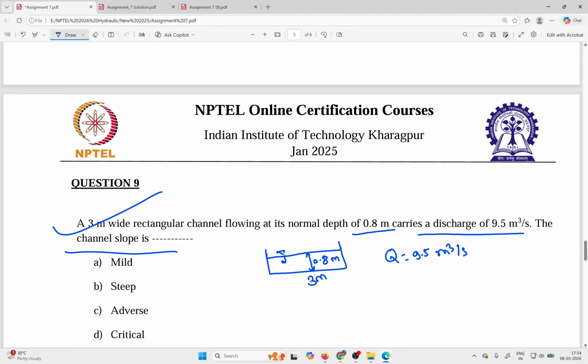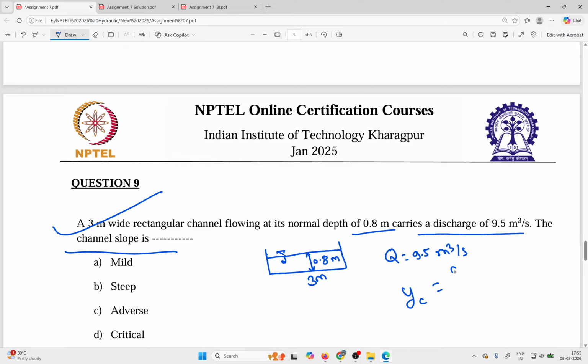For the channel slope, as I have told you, based on the depth value, if you want to classify the slope of the channel, you need to calculate the critical depth.